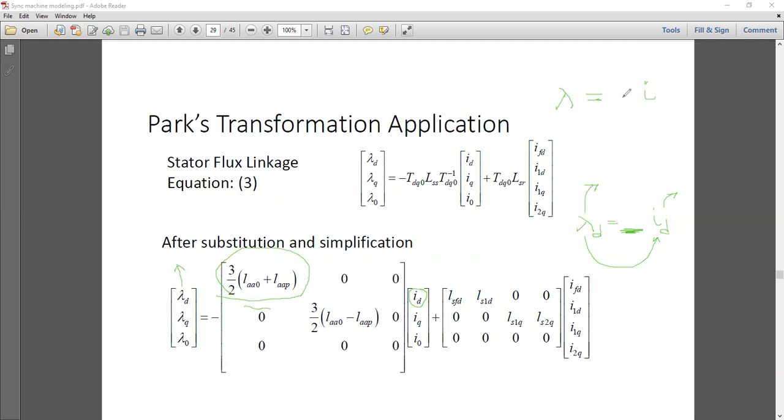Number of coils into I. Not exactly. That is MMF, ampere turns, the number of turns present in the coil and the current through the turns. I'm not talking about MMF. I'm talking about the flux linkage.